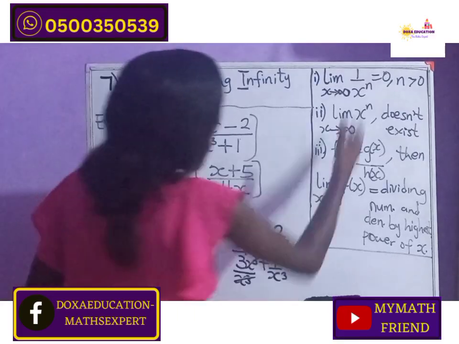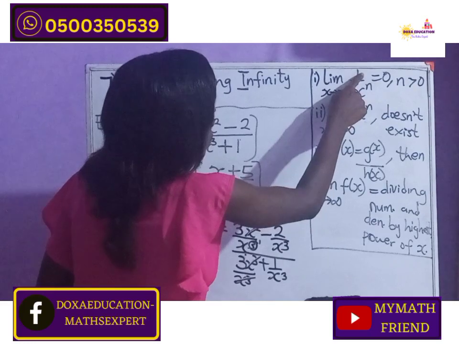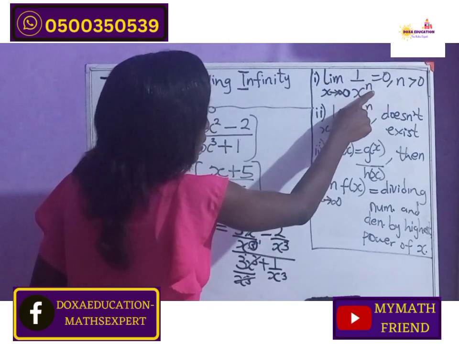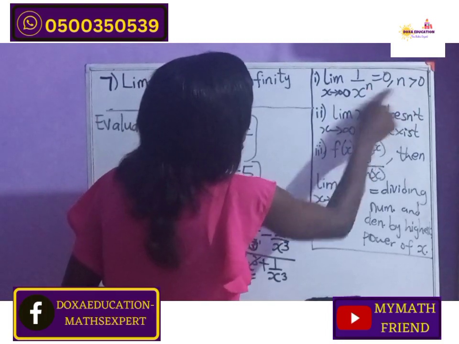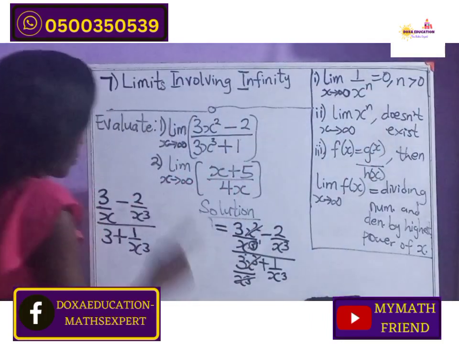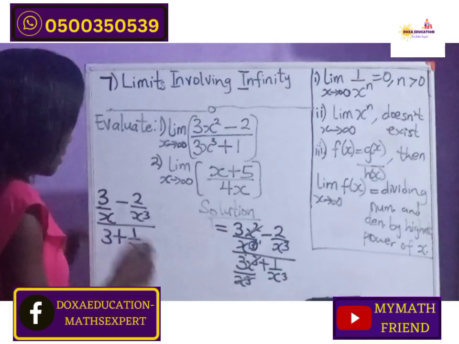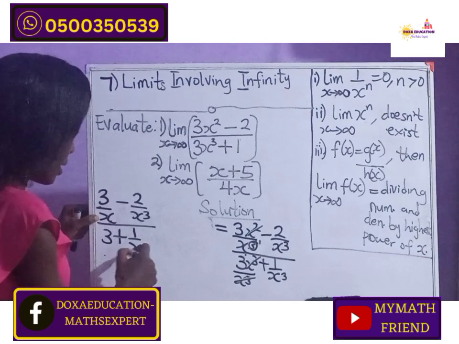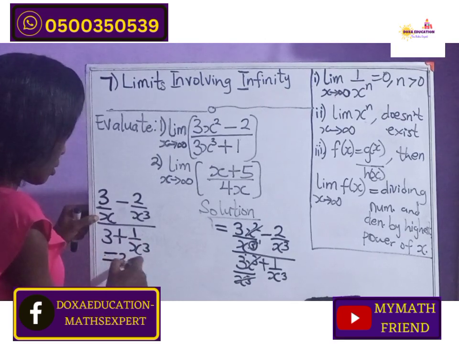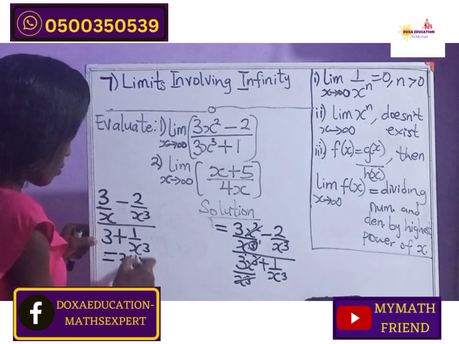Now, looking at the rules over here, let's look at the second one. The limit of 1 over x to the power n is equal to 0, where n, the index of the power, should be greater than 0. So 3 over x can be expanded as 3 times 1 over x, and 1 over x is 0, so it's 3 times 0.